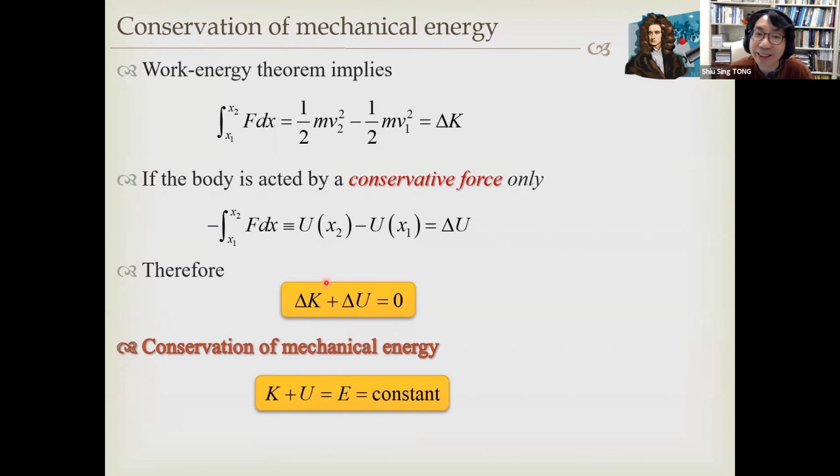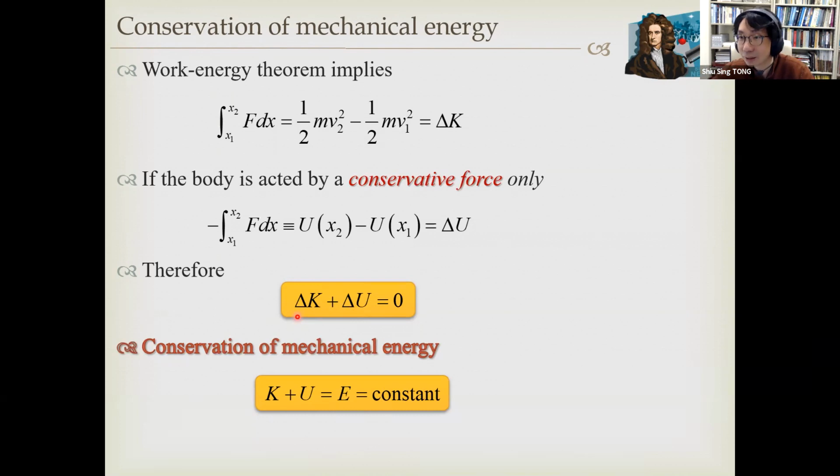And what does that mean? That means the total energy, the potential and kinetic energy added together, remains a constant. If I take out the delta, that means delta of (K plus U) is 0. And delta is a change. So that means the change in K plus U always remains 0.